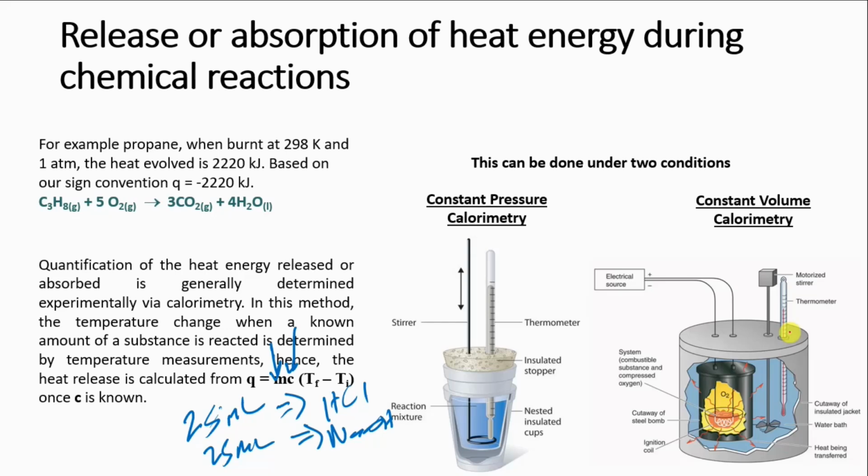And then all you have to do is to measure the initial and final temperatures over time. And then you can calculate Q, the heat released or absorbed during that reaction under constant pressure conditions. Sorry. Right, so you could do that, and you could get the heat released or absorbed during the reaction of hydrochloric acid and sodium hydroxide.